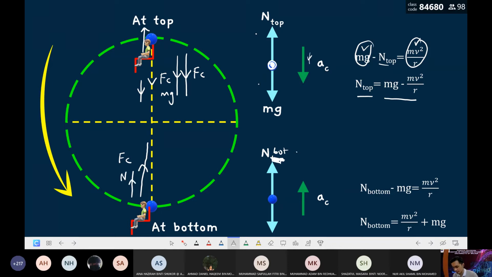Now the normal is the same as FC but the weight is downwards. Then for N bottom, to get this equation, we must minus mg, which equals our centripetal force. So looking at this equation, at the top we minus the centripetal force, that's why we feel lighter. And at the bottom we add the centripetal force with the weight, so we feel heavier.